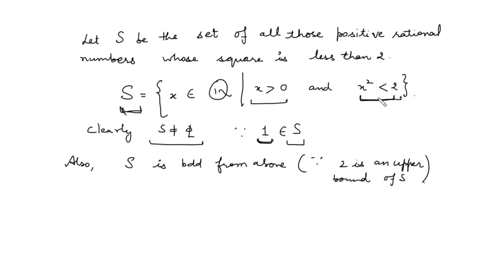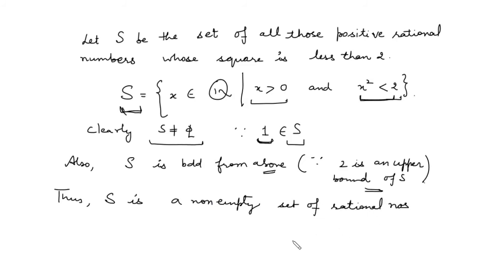If the square is less than 2, then the element is also less than 2, meaning 2 will become the upper bound for the set S. So if we have an upper bound, it means our set is bounded from above. This point is clear. Yes, ma'am. So what we have is that S is a non-empty set of rational numbers which is bounded from above.